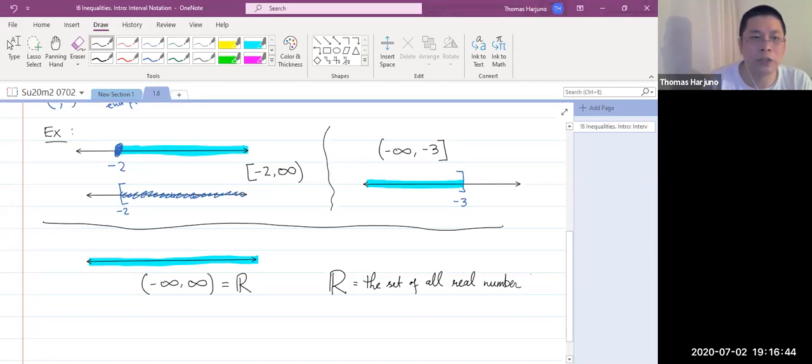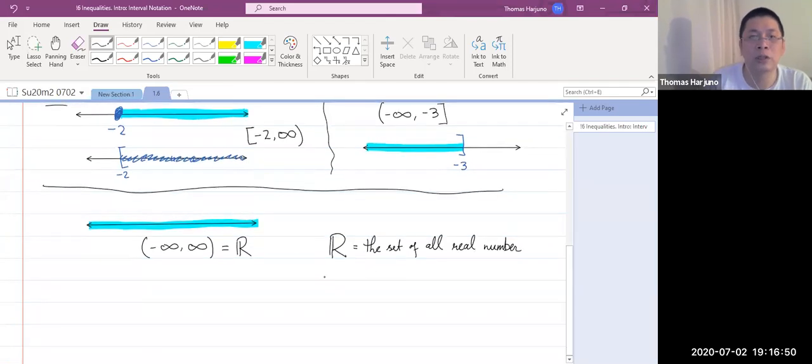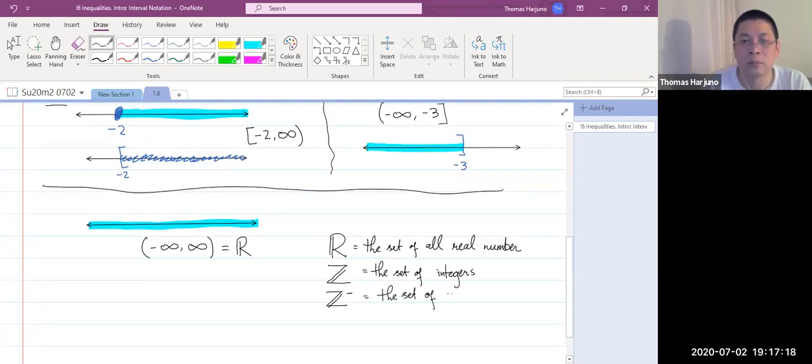And this is actually a notation that you see even in your calculus, so I start teaching you this notation. If you see a capital Z with a double line here, that's the set of integers. If you see a capital Z with a negative sign, that's the set of negative integers. If that were a plus sign, then it will be positive integers.